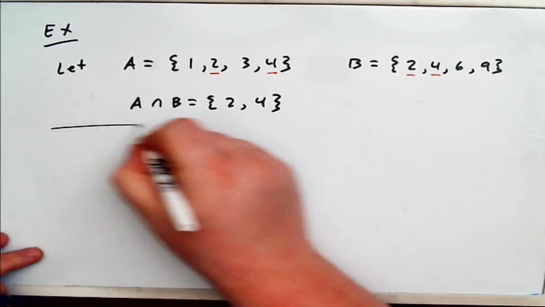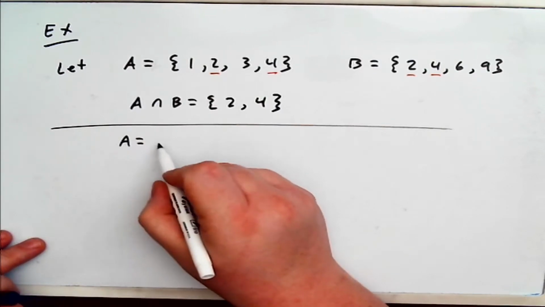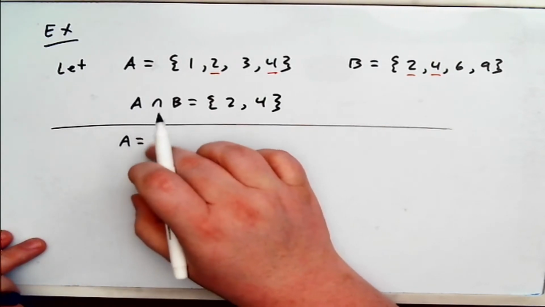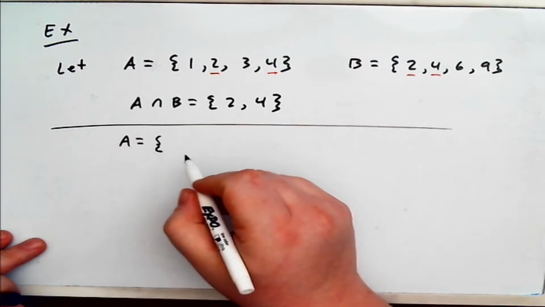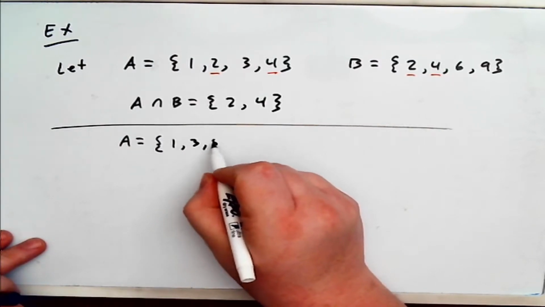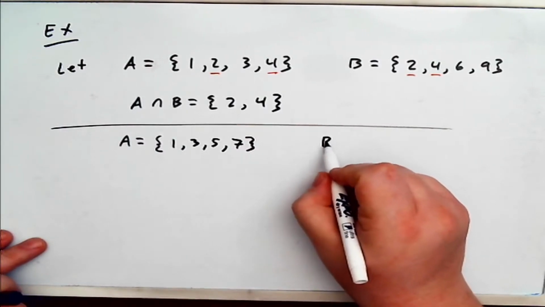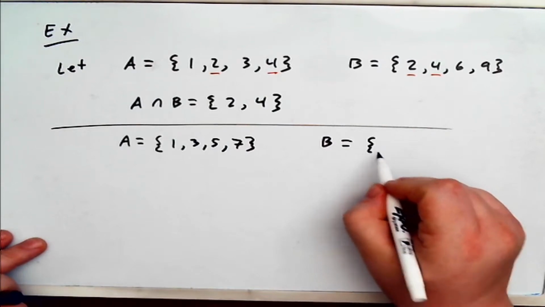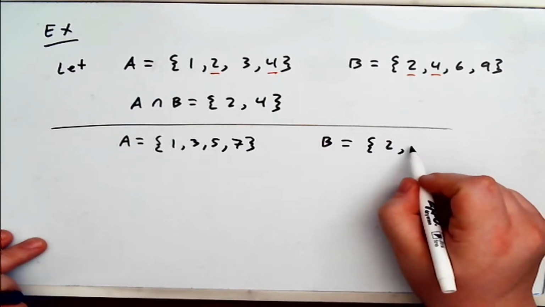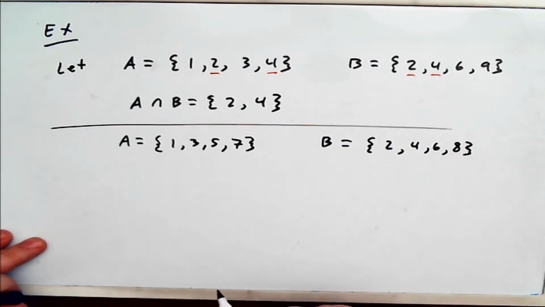Okay? Let's do another example. Suppose we let our set A be, gotta be careful with these curly brackets, little braces, 1, 3, 5, 7. Let's say we define B to be the set 2, 4, 6, 8. Okay?